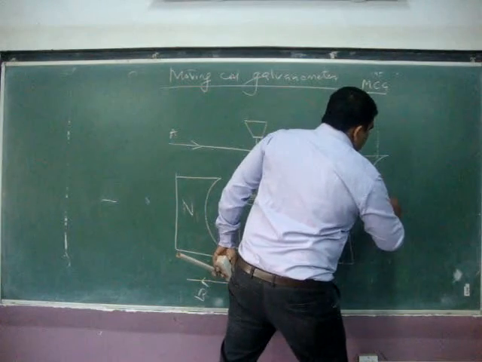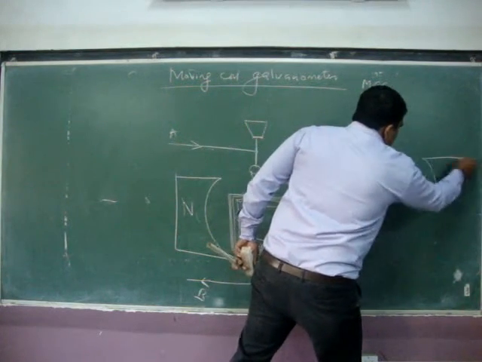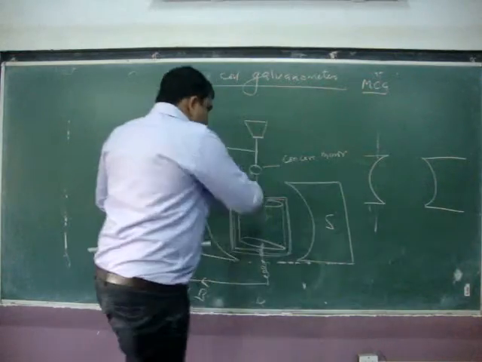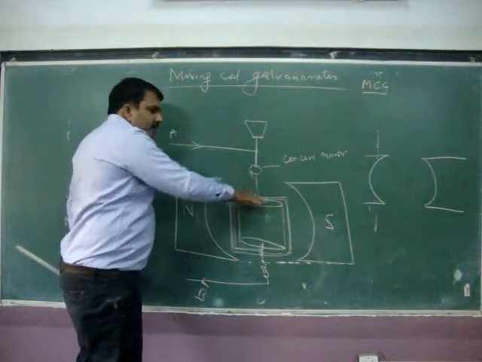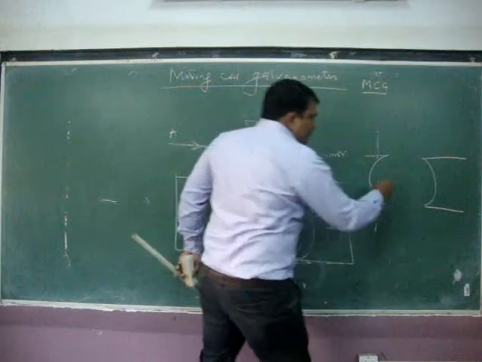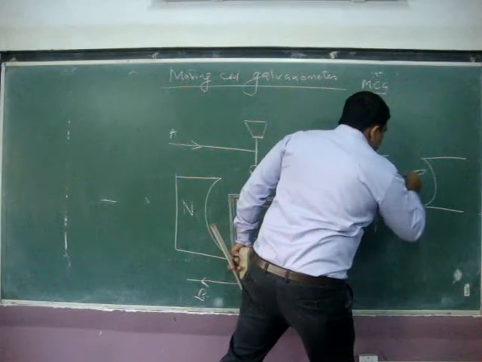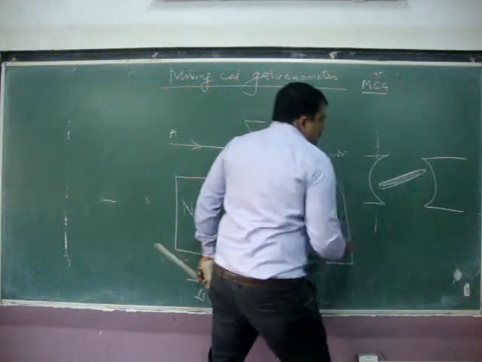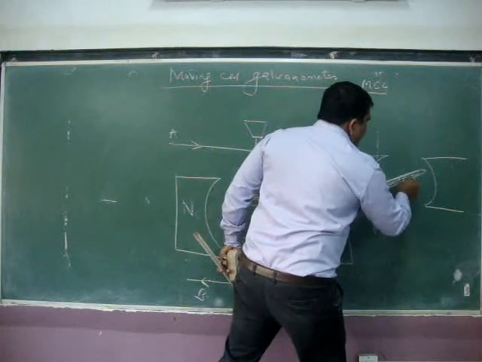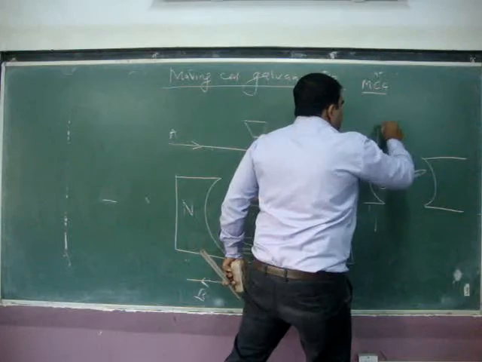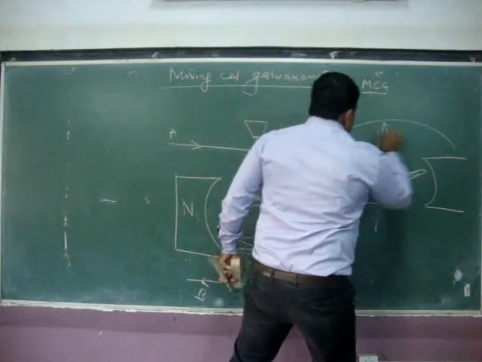Suppose this is the radial magnetic field, and if we show the top section of this galvanometer, you can draw the top section of this rectangular coil like this. It has so many turns, and a needle is pivoted here at the center. There is a needle and there is a scale like this.